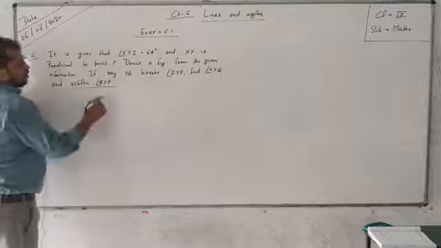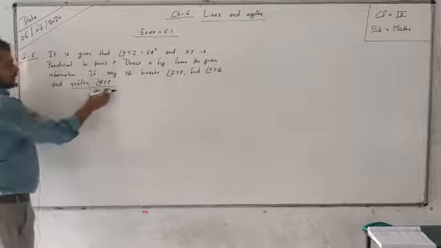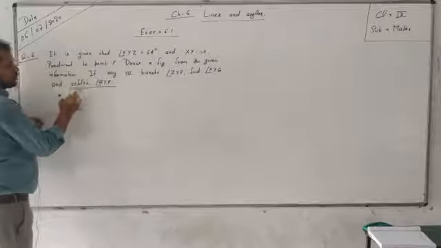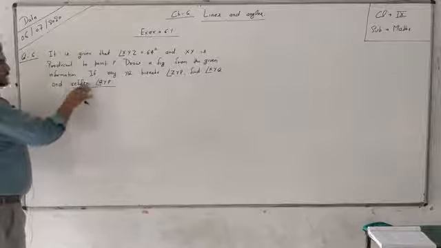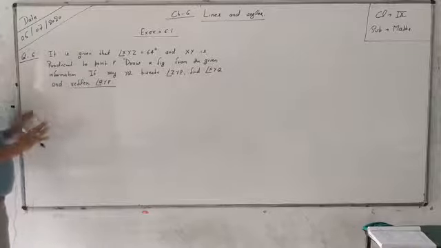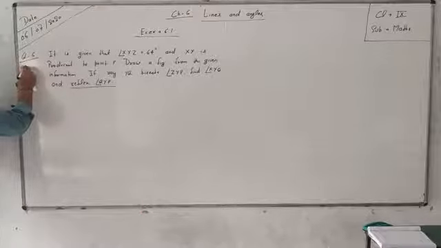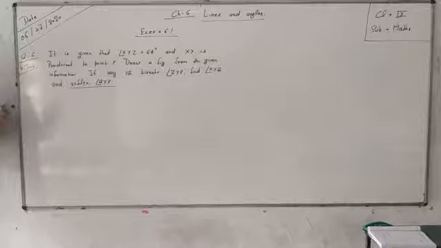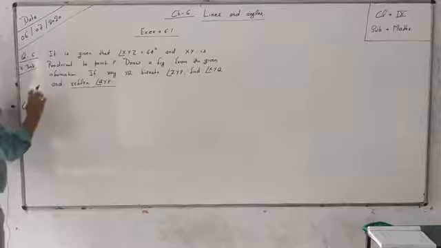First of all, we have to calculate the angle QYP and then subtract the value of angle QYP from 360 degree. Then it will become reflex angle QYP. And one more thing I want to tell you, this is also a very important question from your examination point of view. So you have to focus on this question.